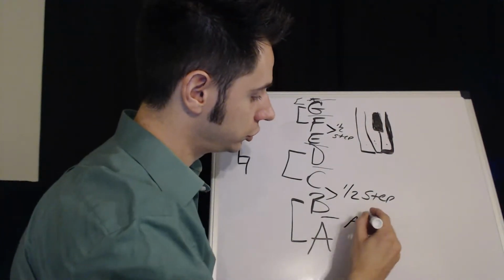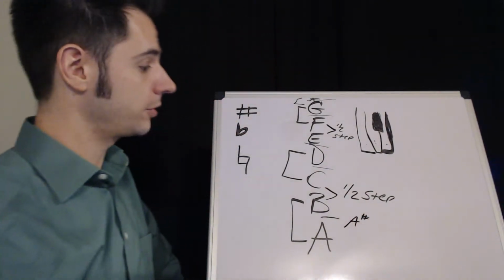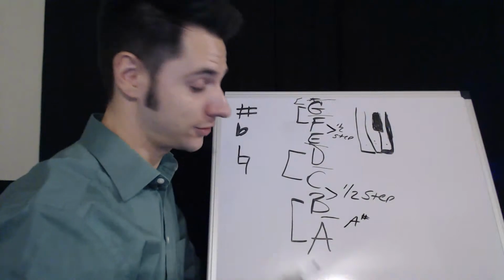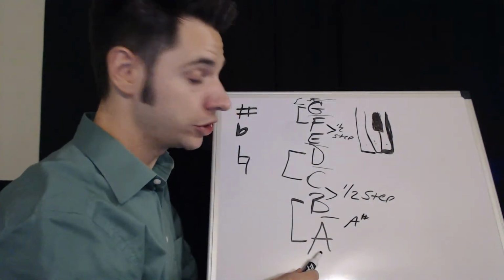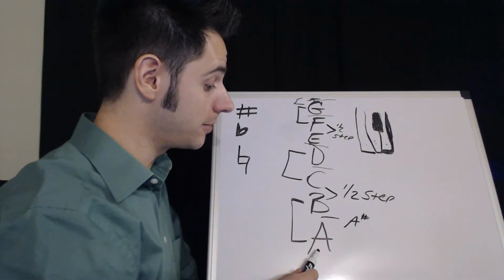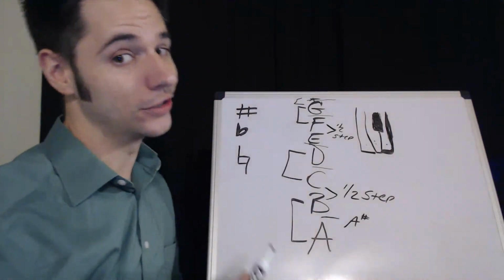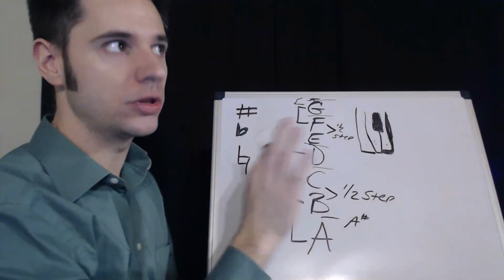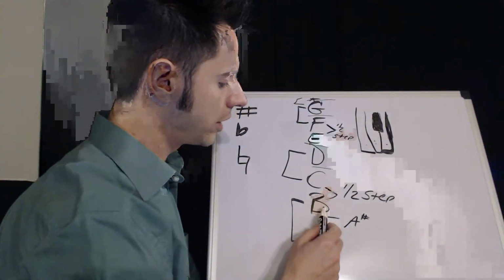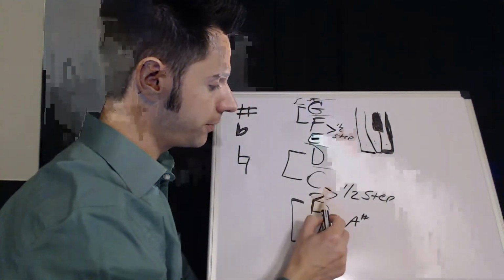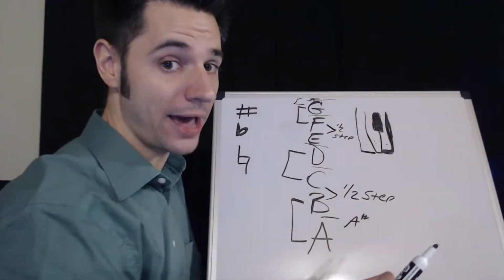A sharp, okay? Remember, a sharp is a pitch that is raised a half step. So if we started at A and we sharped that A, it would become an A sharp right here in the middle, okay? We'll do the flats after the sharps. Let's just go vertically. And then we have B. All right, so we're on B. So A sharp, B. Now, B to C is a half step, right?